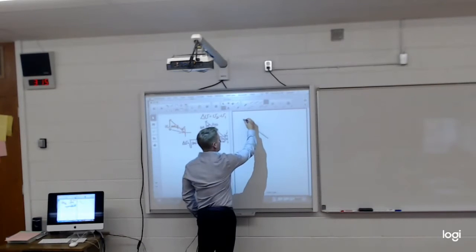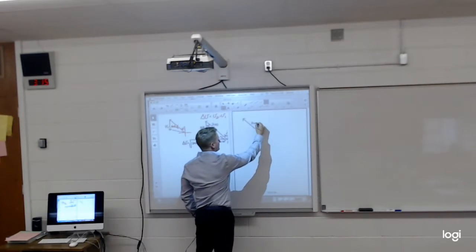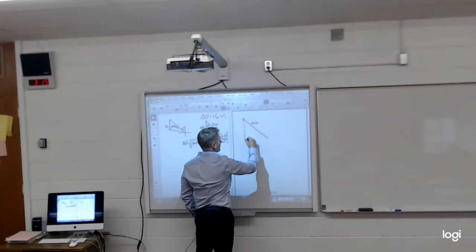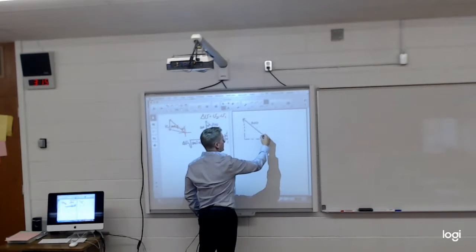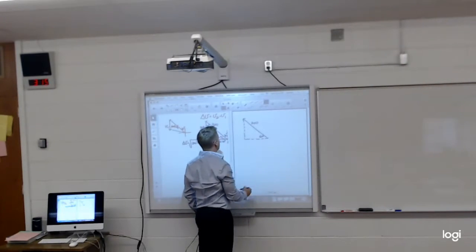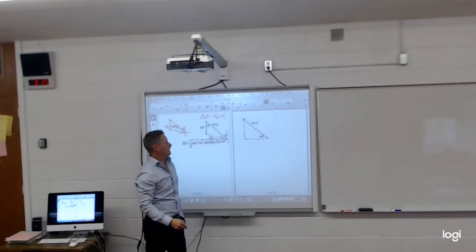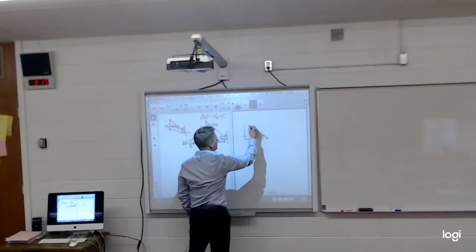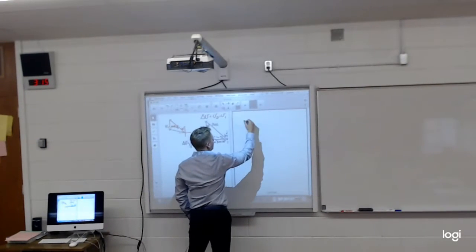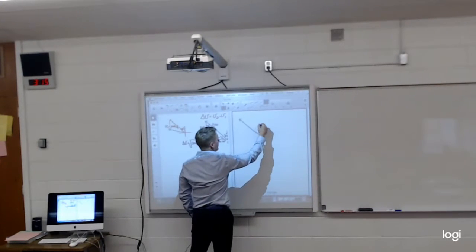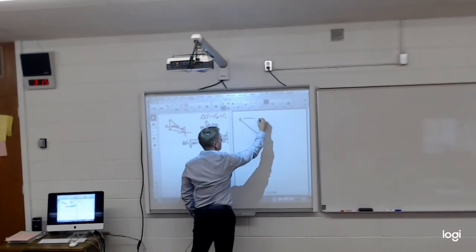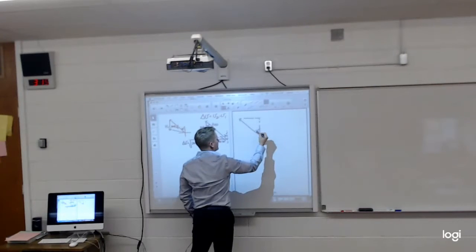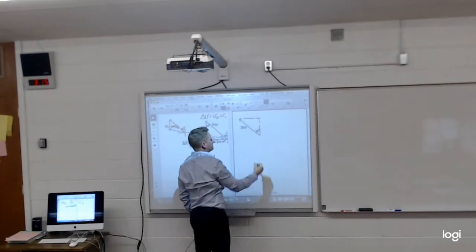I draw this component, which is 300. And I guess this would be 60 degrees here. Yeah, you know what? Let me do that differently, okay? This is what they gave us. So that's 30 degrees. This is 300.